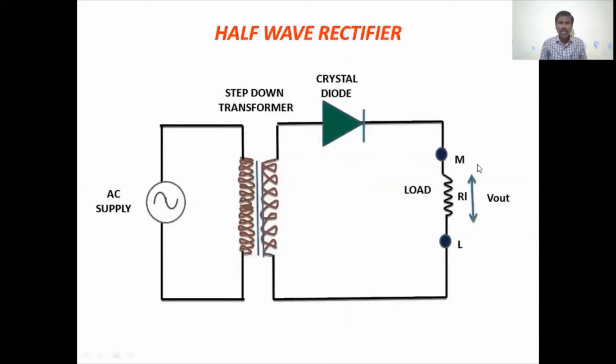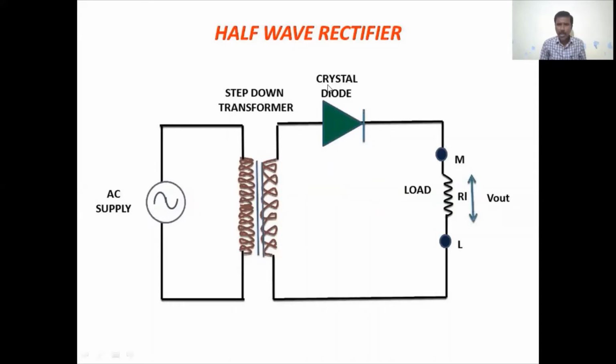This is the diagram which explains the construction of a half wave rectifier. This is a step down transformer. It consists of a primary coil as well as a secondary coil. The primary coil is used to input the AC supply. AC voltage is applied at the two terminals of the primary coil of the transformer. It also has a crystal diode.